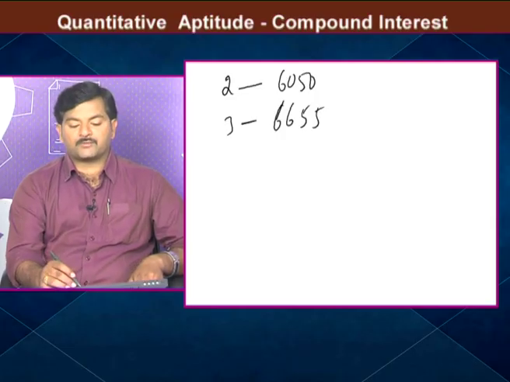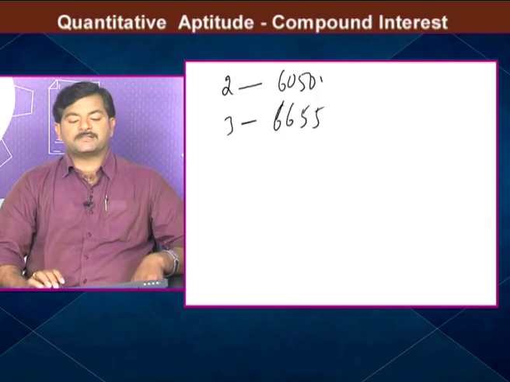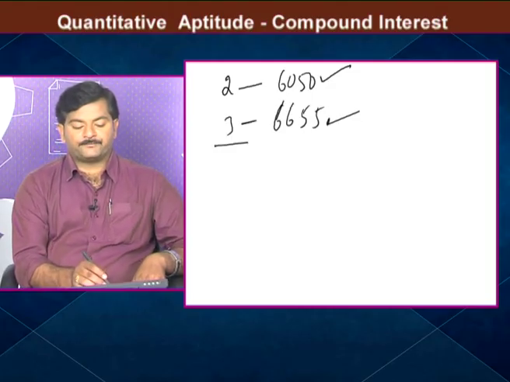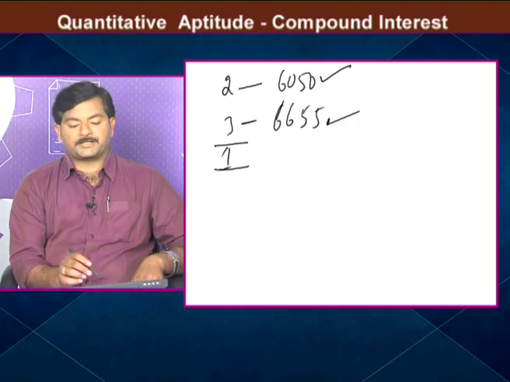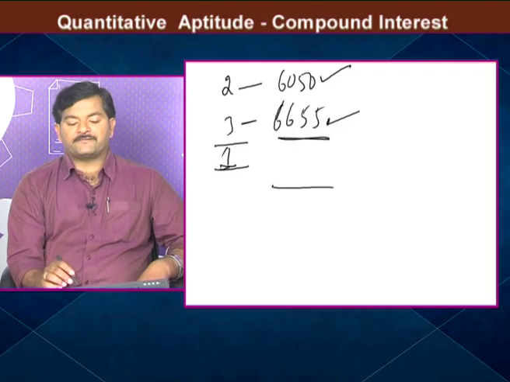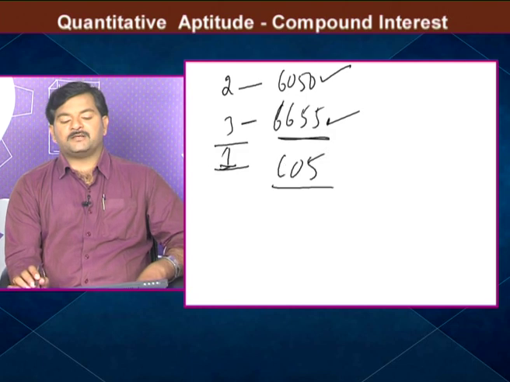This is the 2 years amount and this is the 3 years amount. What is the difference in time? Only 1 year, right? The difference in time is 1 year. So what is the difference in the amount? Clearly the difference in the amount is 605 rupees.